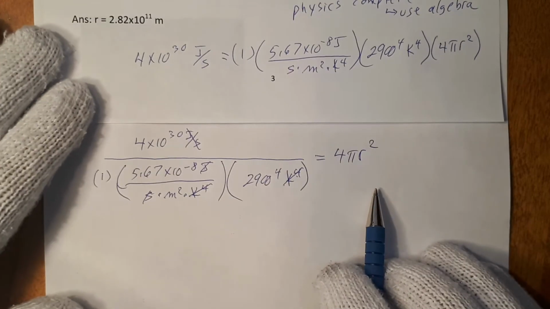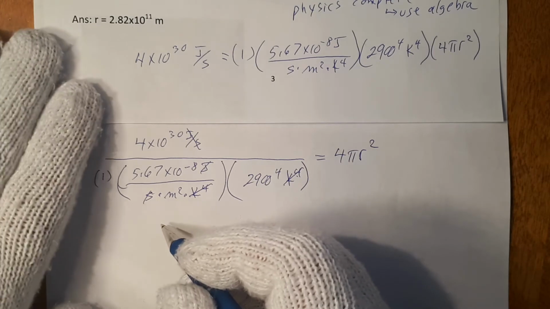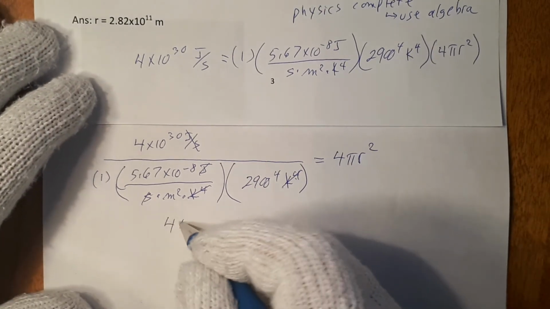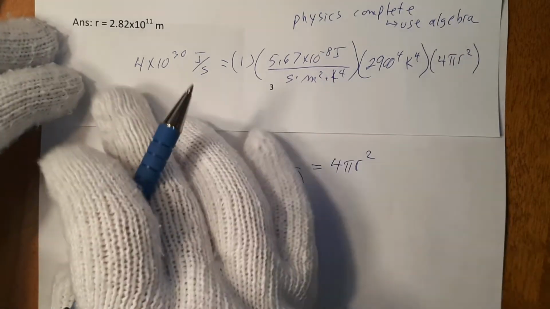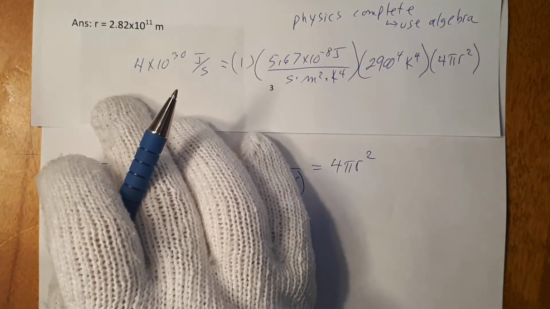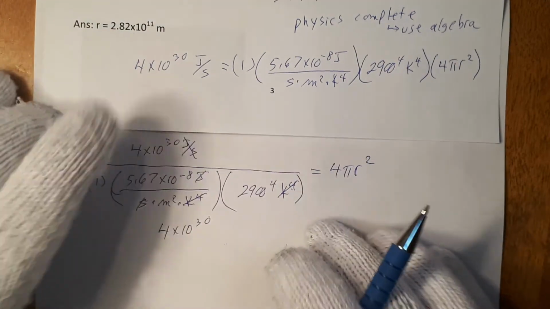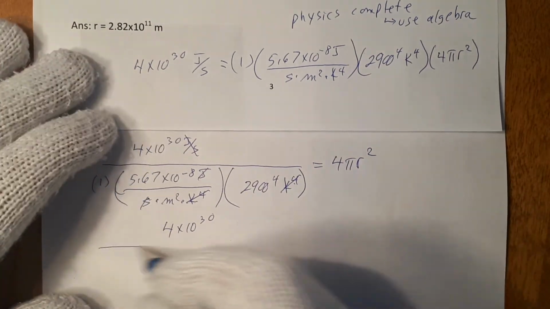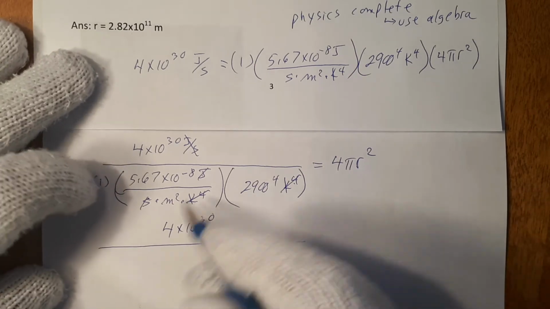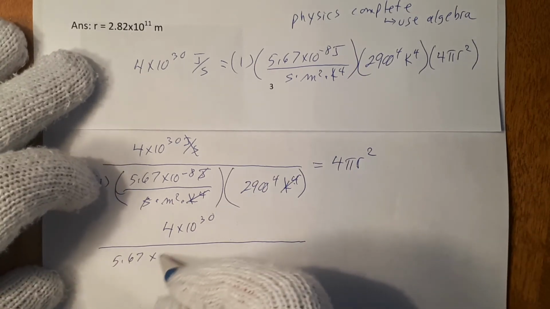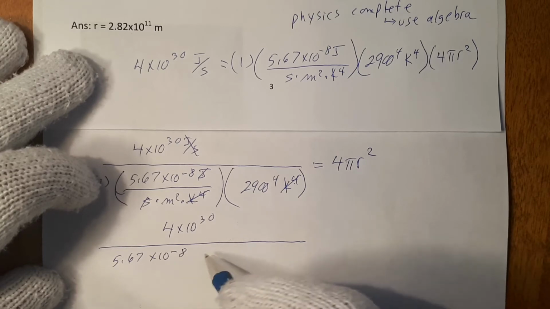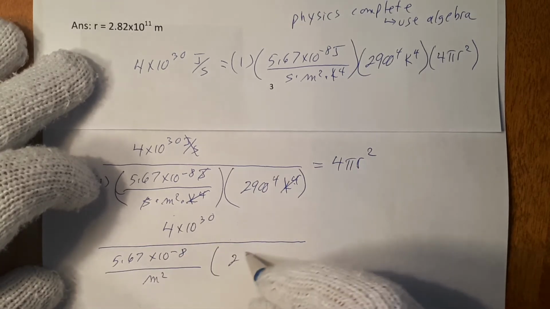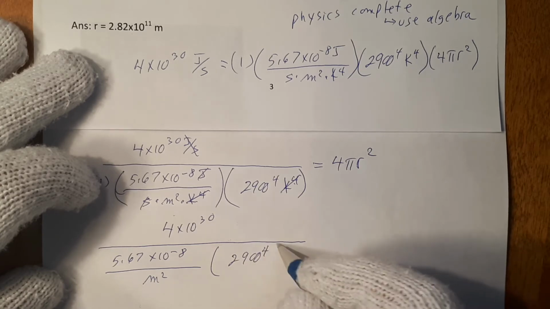Rewriting this, everything divided by 10 to the -8, and it has the units of meters squared left over, times 2900 to the power of 4.